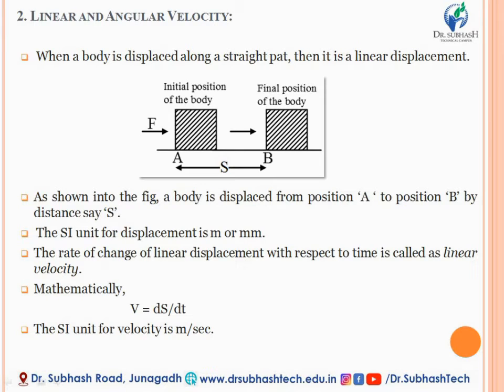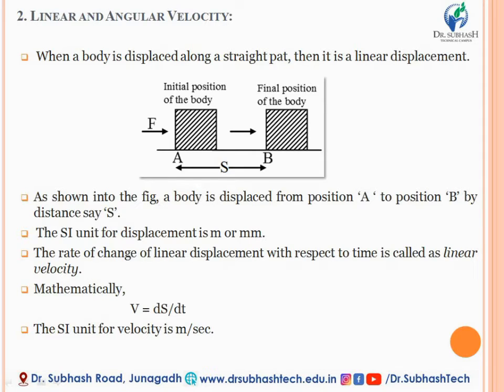Now, before calculating the velocity and acceleration of the various links, it is very important to discuss and learn what linear and angular velocity are. To understand it clearly, kindly consider the screen. You have one body which is displaced along a straight path.